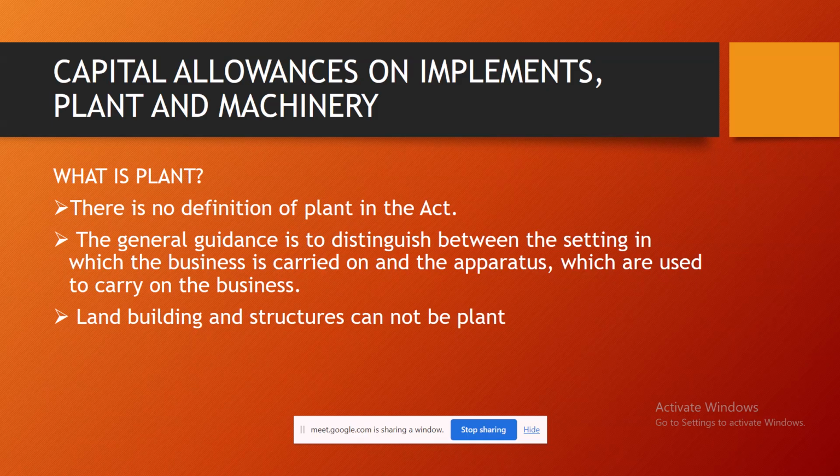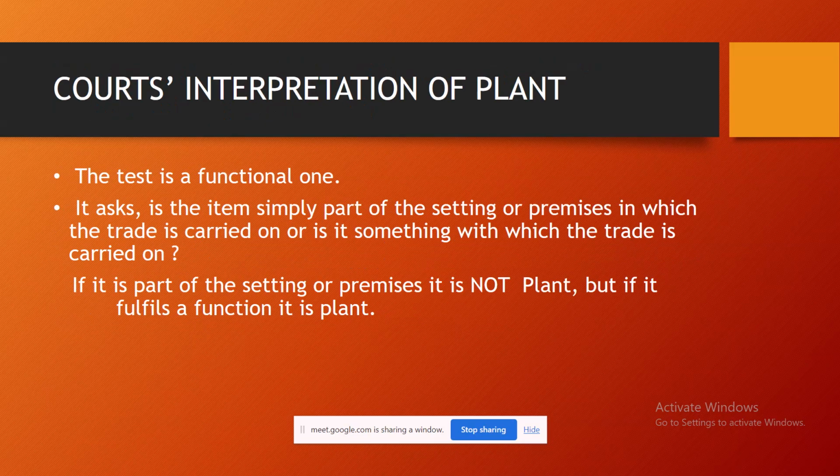So in that particular regard, land, building and structures cannot be plant. With so many court cases that have appeared, especially in tax, over what is described as plant, the precedent has been set. Some decisions have been made in court which have been used as a principle to guide us on what is plant and what is not plant.